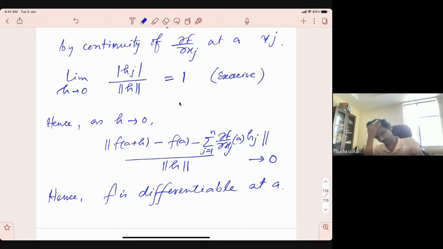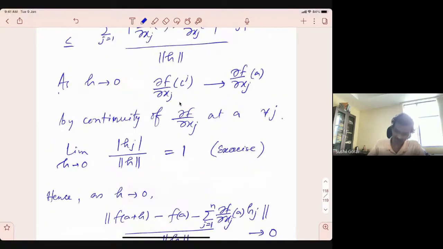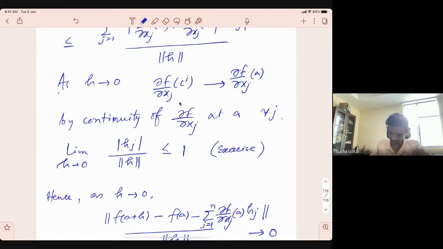Yeah, you are right. So if you look at h tends to 0 along directions where hj is already 0, you got it right. So this limit is not exactly equal to 1 all the time. This limit may not exist. But what you need is that this is less or equal to 1.